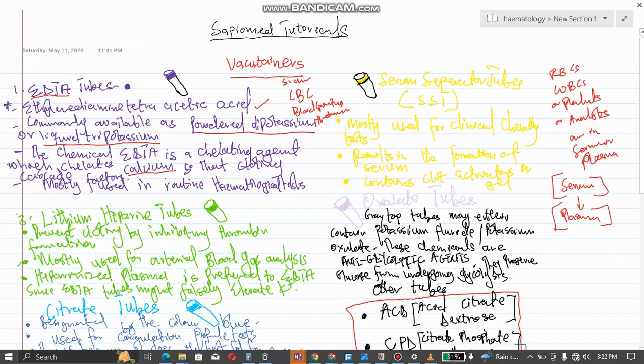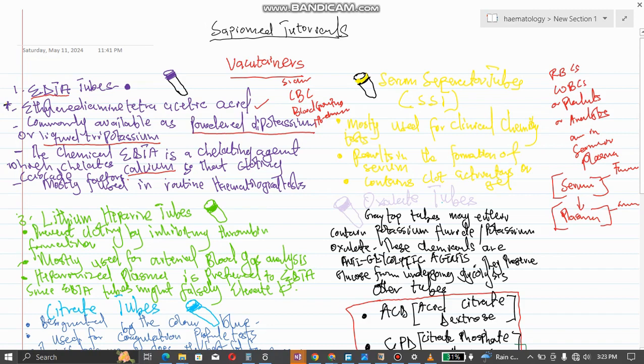Okay, so serum contains fibrinogen, and then the plasma does not contain the fibrinogen. So most of the serum components, or let's say blood plasma components, are much better preserved in serum form. Let me use it that way.